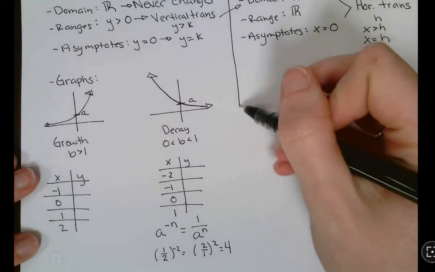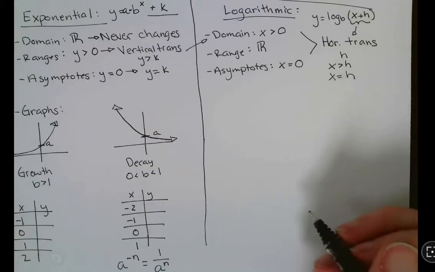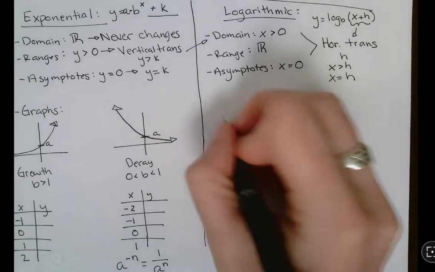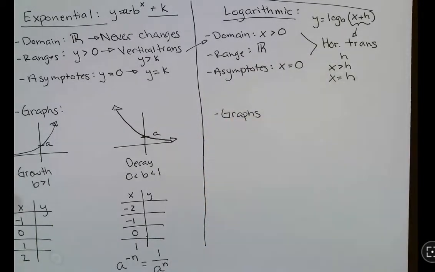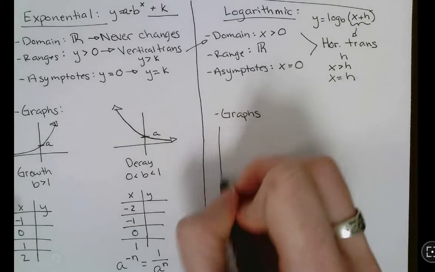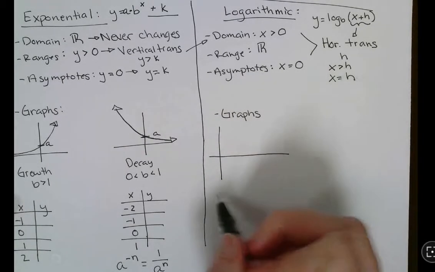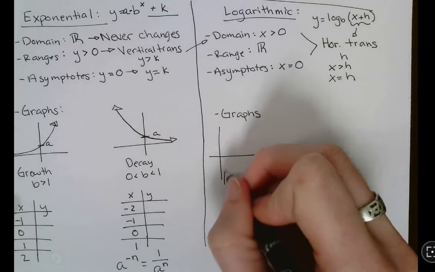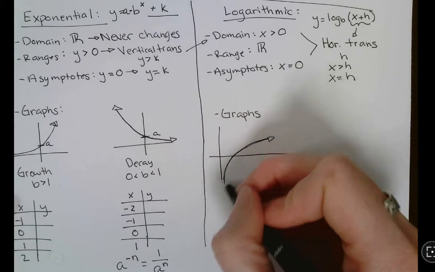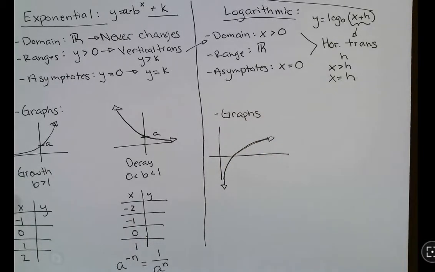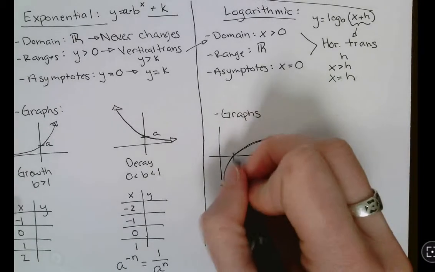Now, for our logarithmic graphs, the main thing we need to recognize is that, hey, I'm never going to cross this x-axis. It's coming up like so. And same thing here.